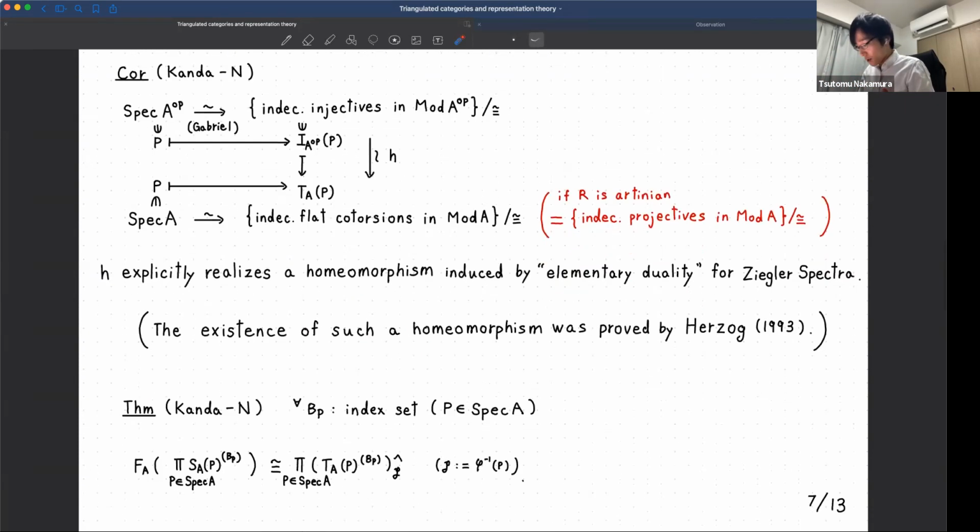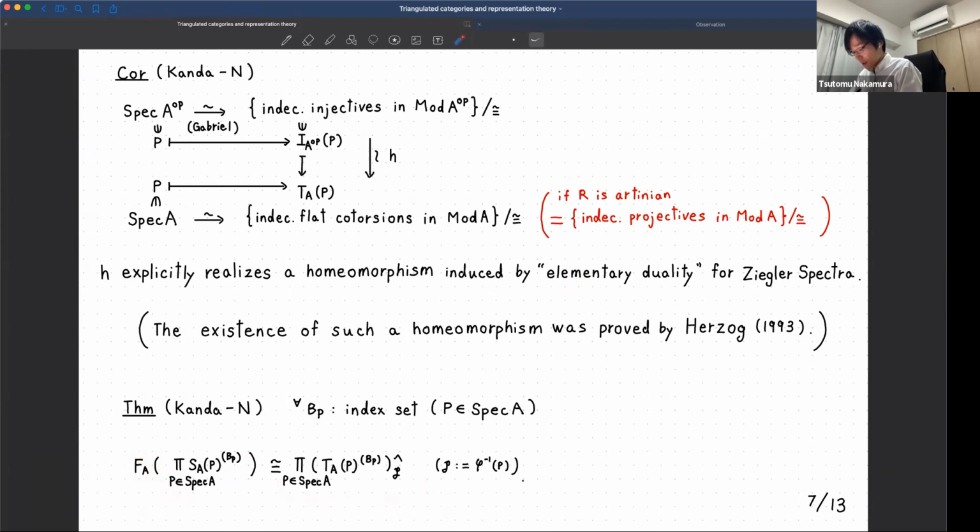And another fact I should mention is that the module of this form is a flat cover of some non-trivial module. So the module is the direct product of the locally simple module for each P. And if we take the flat cover of it, then it coincides with the flat cotorsion module of this form.